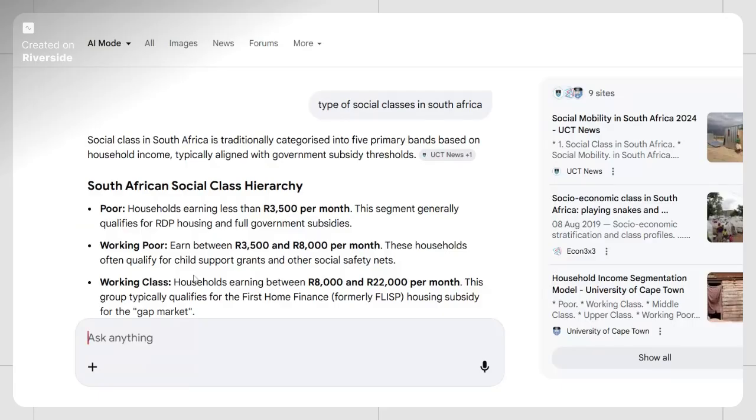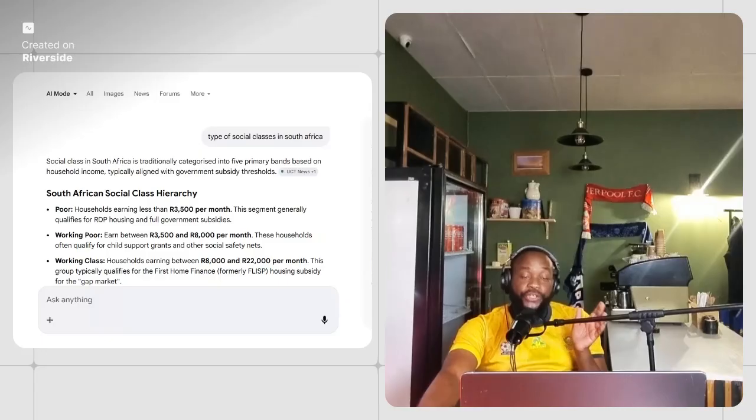So after the poor, we got the working poor, between 3.5 to 8,000 rand. So if you earn from 3.5 thousand rand to 8,000 rand, you are a working poor.